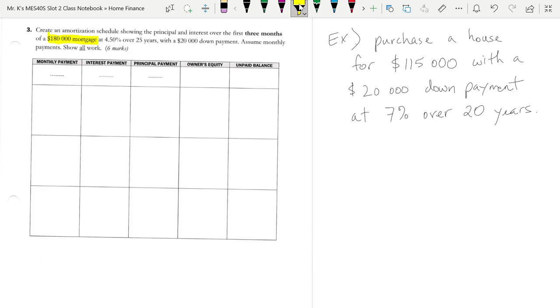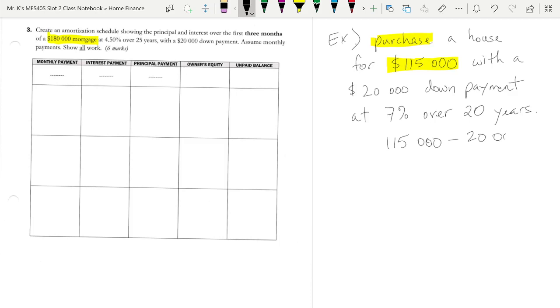That's the mortgage. What does this one say? This one says that $115,000 is how much I buy the house for. It doesn't say that this is the mortgage. So my first calculation, which I don't have to do in the hand-in, because the hand-in is actually easier, is how much is my mortgage?